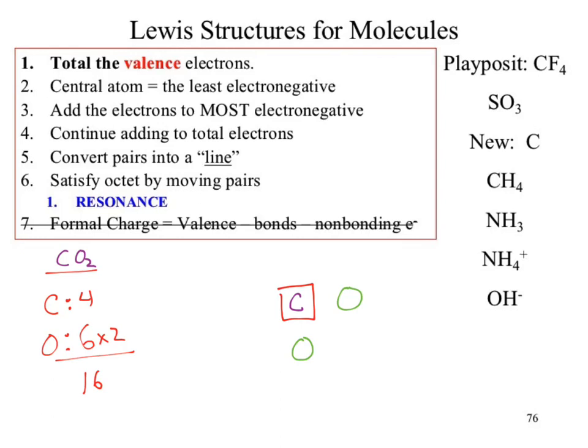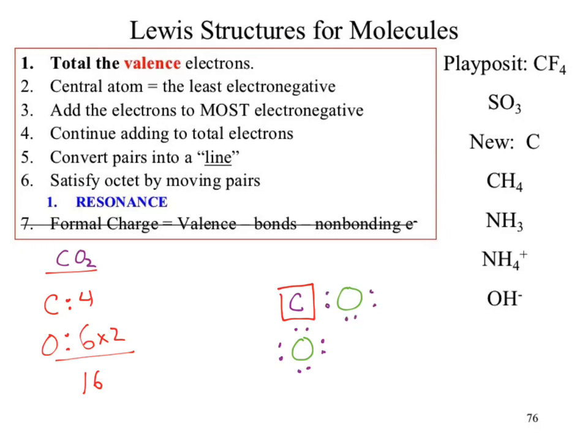Okay. No, we do not place them around the carbon. We want to go around the oxygen because the oxygen is more electronegative. Carbon is not more electronegative than oxygen. We should place them on the oxygens first. I will place them in the space closest to the carbon because I know I need to make that bond.